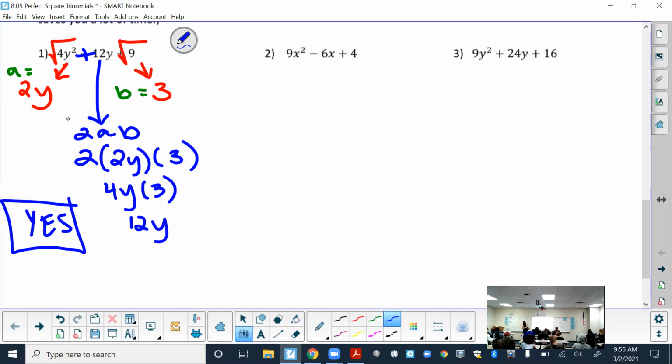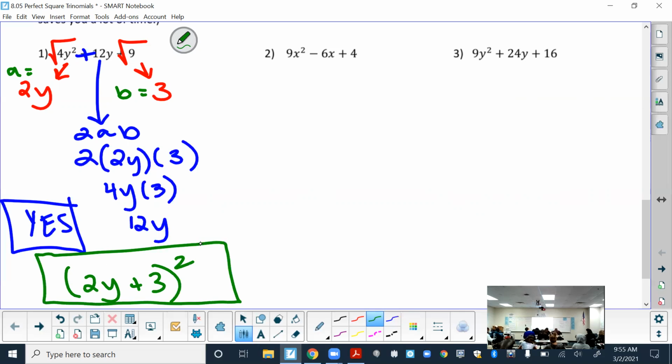And here's how you write the factors. Writing the factors is super easy once you've done all that. It's just going to be your a value, which is 2y, plus your b value, which is 3, squared. And then I could check my answer by FOILing or distributing, but that's what I originally had.